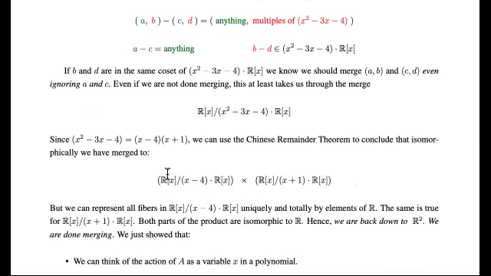Now, what happens when you divide something by x minus 4 and look at the remainder? You just get a real number. In fact, all the remainders in here, every single mod when we mod out by x minus 4, is equivalent to just a number in the real numbers.